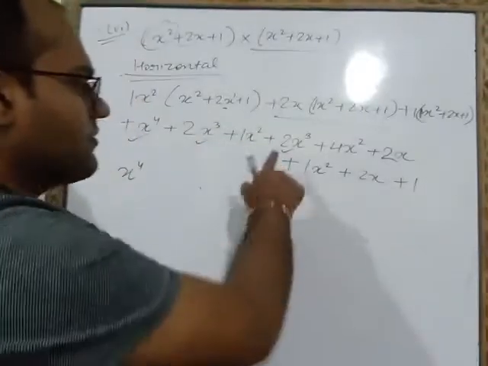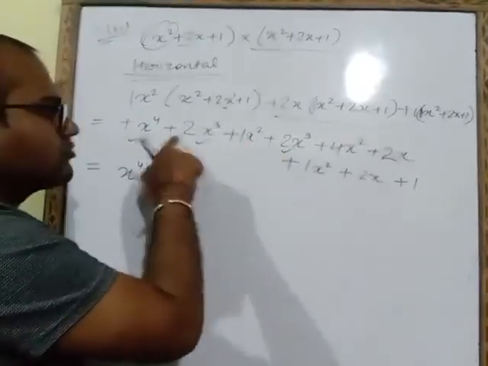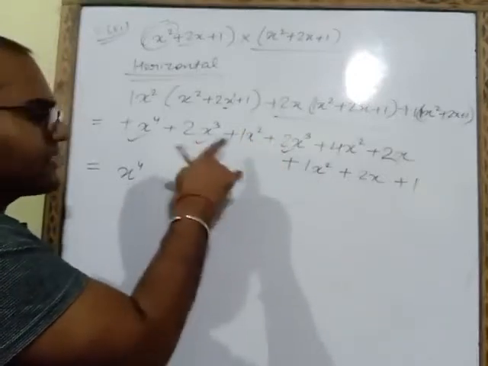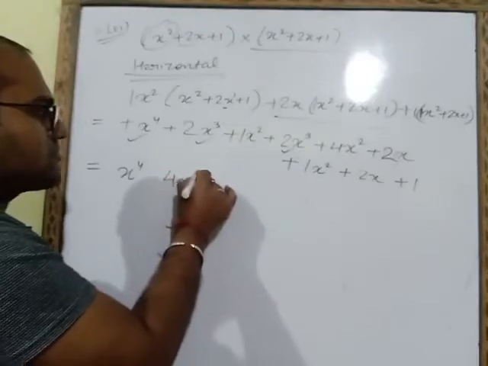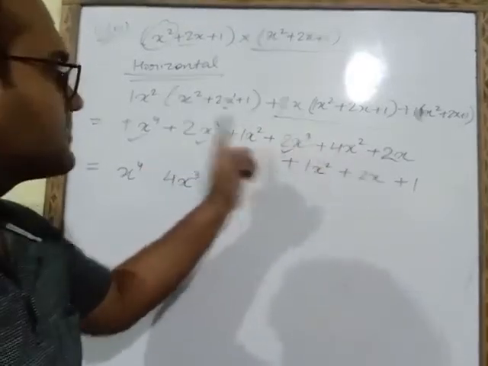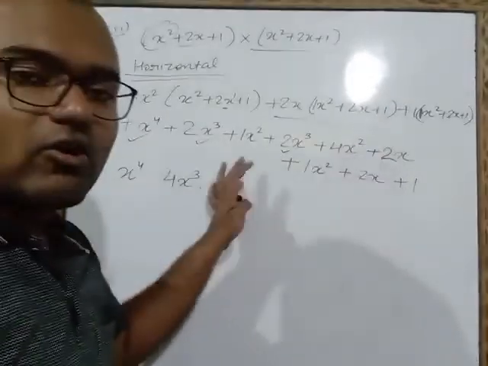So first of all we will solve these 2 terms. This is plus 2, this is also plus 2, plus plus plus. So we have to add these two, 2 and 2. When we add, we will get 4x power 3. Here we will not write x power 6. Here in this step we are not multiplying.